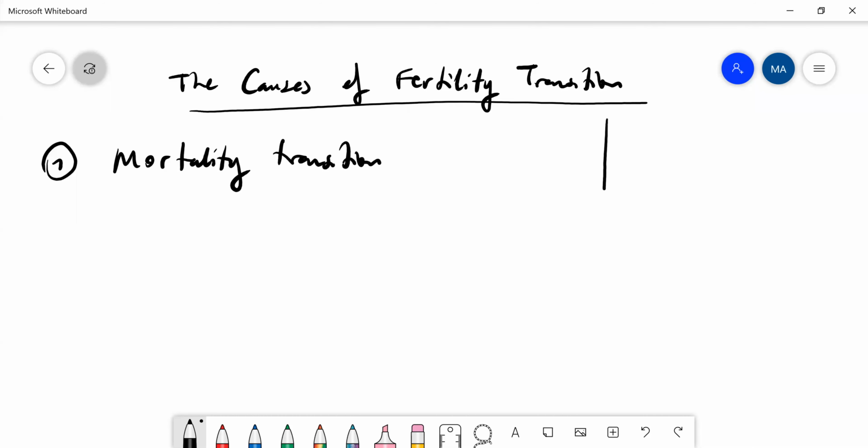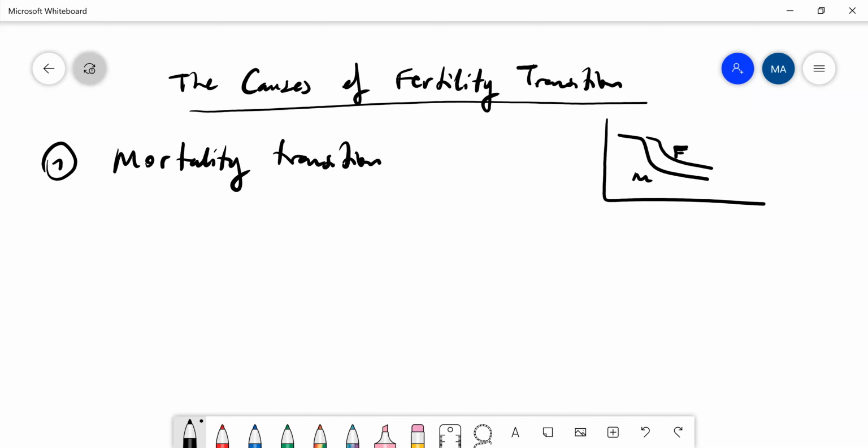So once again, remember, the mortality transition started earlier, right? So that was mortality, that was fertility. According to this theory, fertility started decreasing because mortality decreased. People realized, okay, I have 2 kids, and my ideal number of surviving kids is 3, and now mortality is decreasing and decreasing.